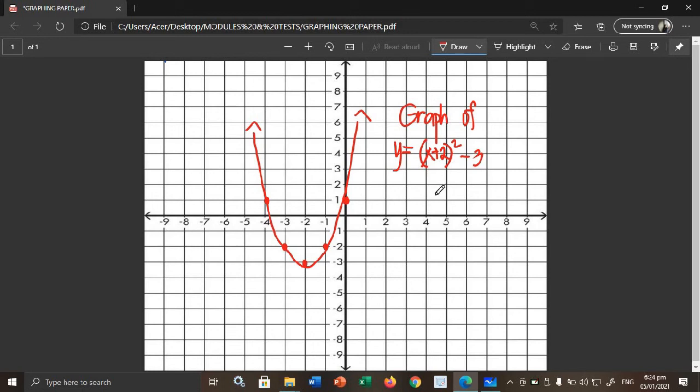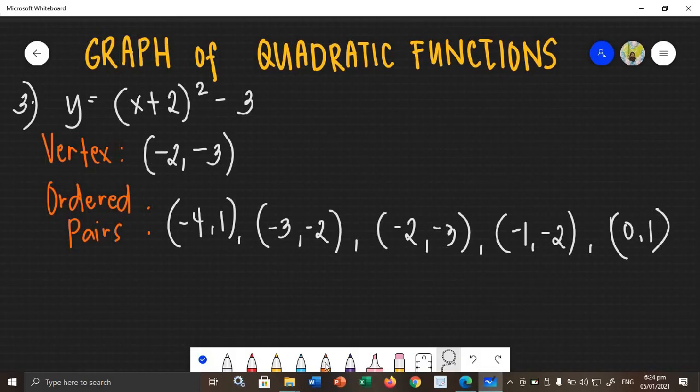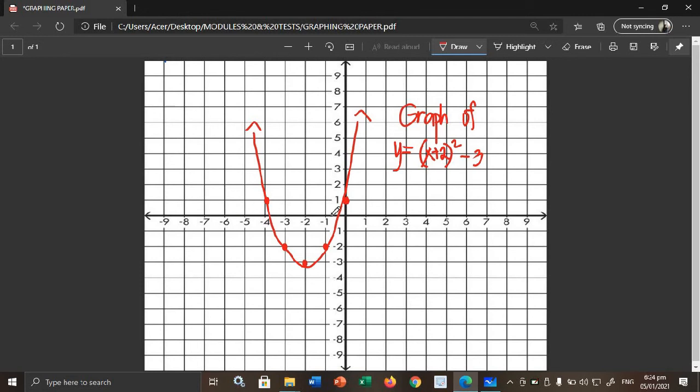And do we have intercepts here? So yes, meron tayong isang y-intercept. Wala tayong x-intercepts kasi wala namang points na dumaan sa x-axis.